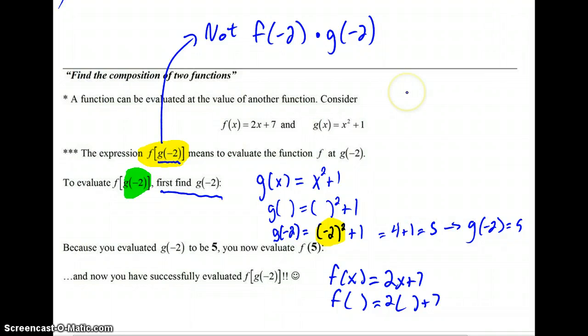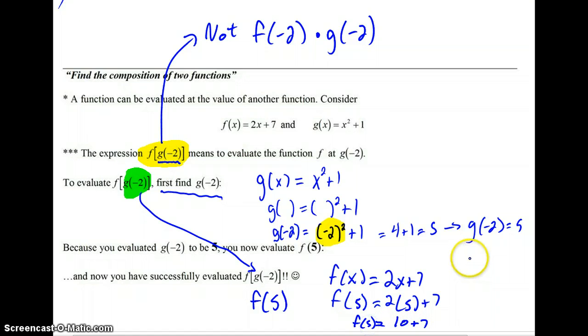We're seeing that g of negative 2 is really going to be a 5. So we're really asked to find f of 5. So plug in a 5 everywhere where we have a blank. 2 times 5 is 10. 10 plus 7 is 17. What's our final answer?